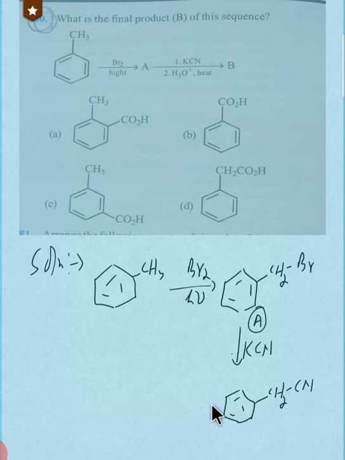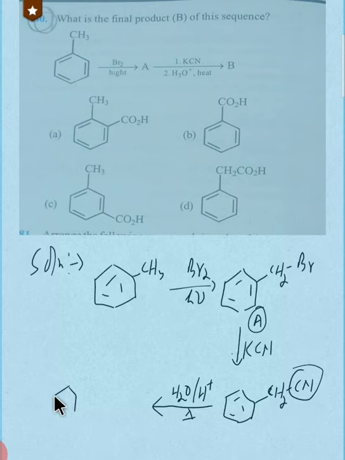And this is further reacted with water in presence of an acid, that is H3O plus. So this is acidic hydrolysis of CN. Hydrolysis of CN produces carboxylic acid.